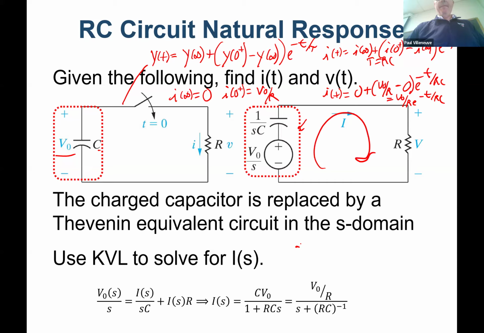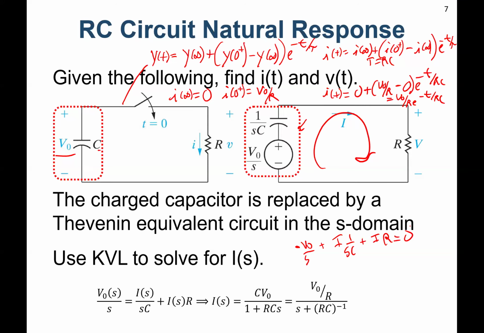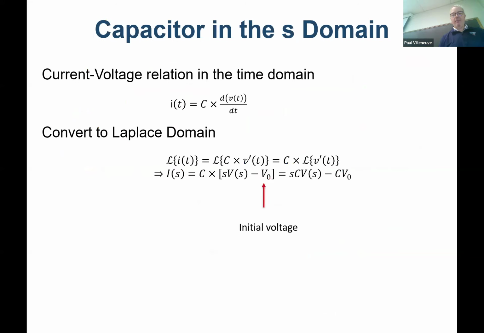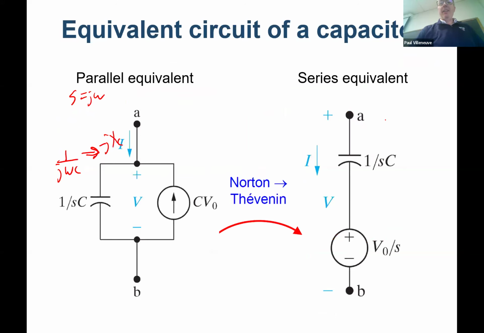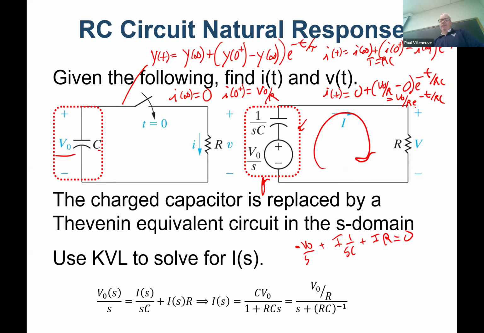Negative V naught over S plus I times 1 over SC plus I times R has to be equal to 0, right? And everybody knows where I got this, right? I wasn't fancy. I just literally grabbed that from here. I did my series equivalent, so I just copied exactly what the series equivalent was and put it here.